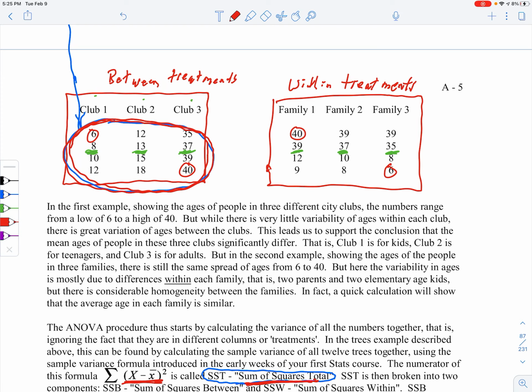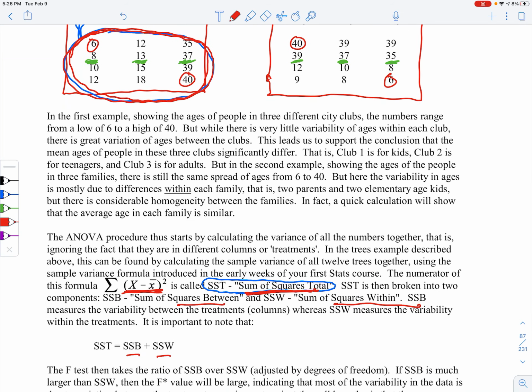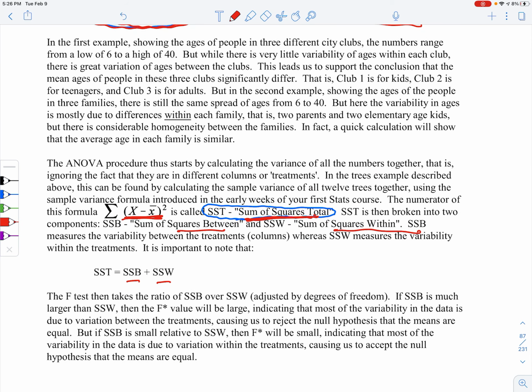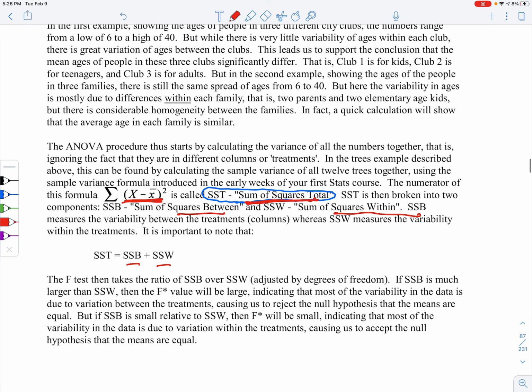And then how much of that total variation is because of differences within. So that's what we do: we break the total variation into two components called SSB and SSW. Sum of squares between, sum of squares within.